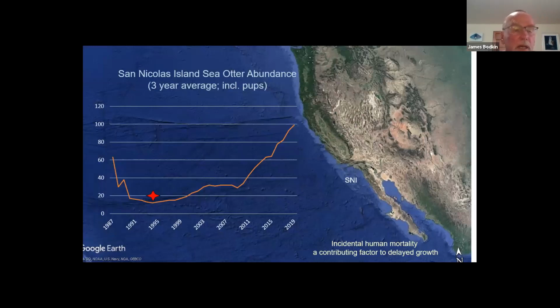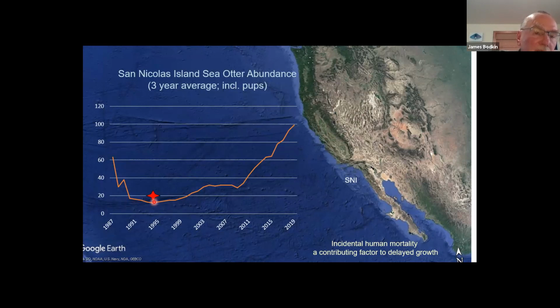So there's a plot of the San Nicolas Island population from the time of release, a rapid diminishment, and then there's a prolonged period here, a decade or more, where the animals basically stayed at the abundance of somewhere in the mid-teens, some slight changes.